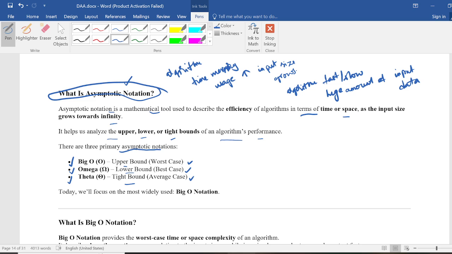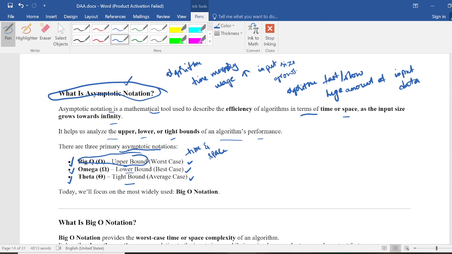In this video, we will mainly focus on the worst case or upper bound, big O notation. Big O notation shows the worst case time or space. It deals with both time and space requirements of an algorithm as the input size increases.